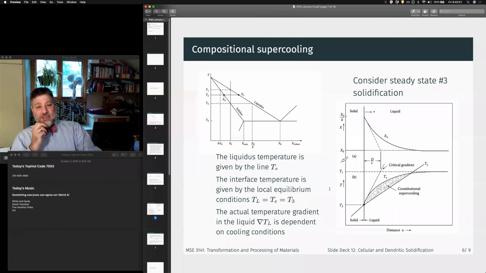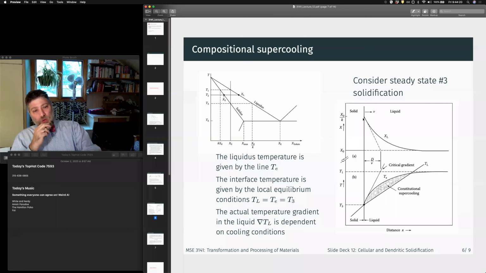In this case, if we're at composition X naught, at the interface we're at temperature T3. Our solid is at composition X naught, and our liquid directly in front of the interface has to be at composition X naught by K.